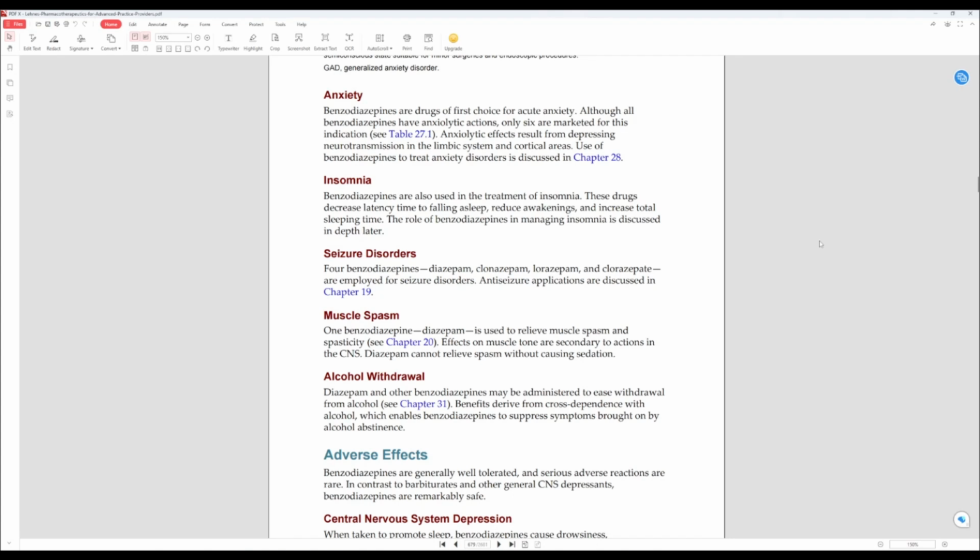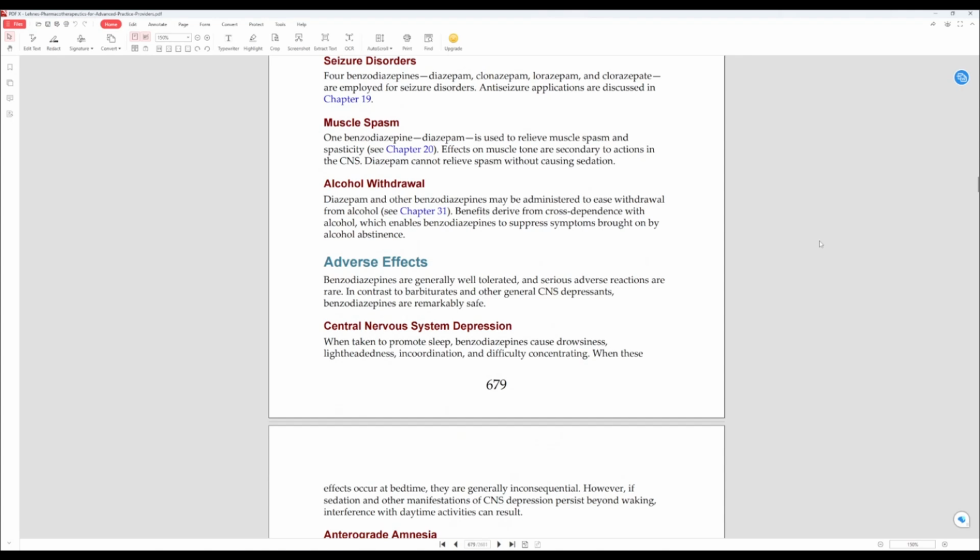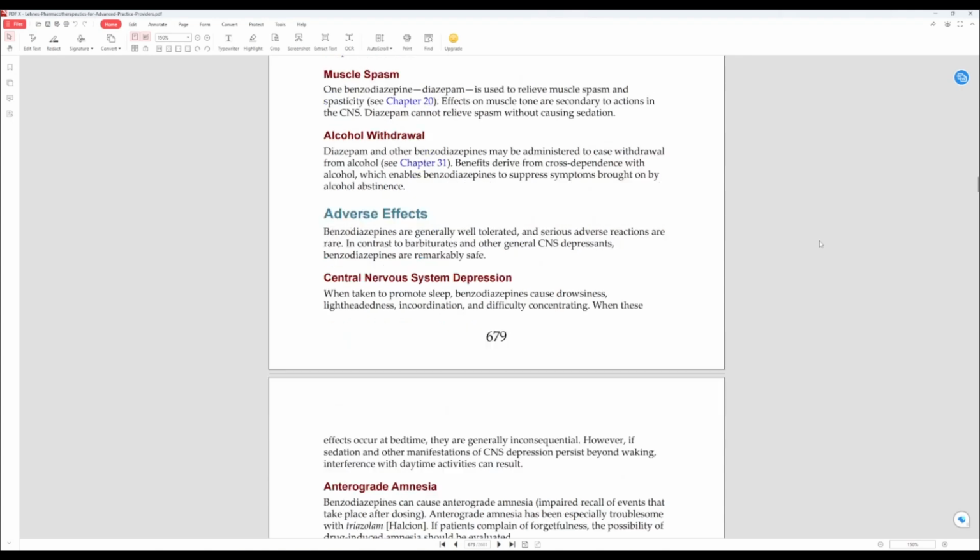Diazepam cannot relieve spasms without causing sedation. And finally, alcohol withdrawal. Diazepam and other benzodiazepines may be administered to ease withdrawal from alcohol, which was discussed in Chapter 31. Benefits derive from cross-dependence with alcohol, which enables benzodiazepines to suppress symptoms brought on by alcohol abstinence.